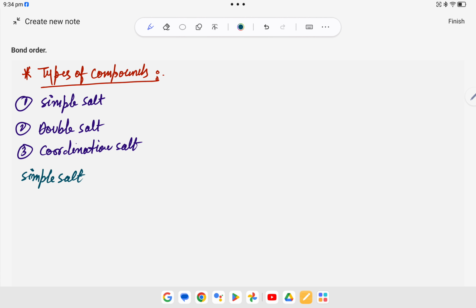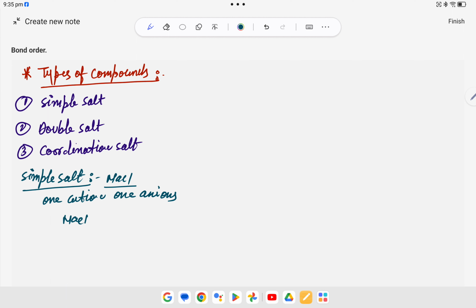Simple salt. What is simple salt, children? NaCl. NaCl is a simple salt. Why is it a simple salt? In water, in the aqueous medium, it liberates one cation and one anion. So this kind of salt is called simple salt.